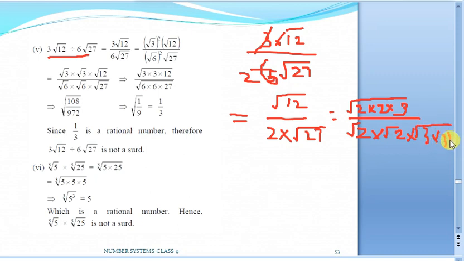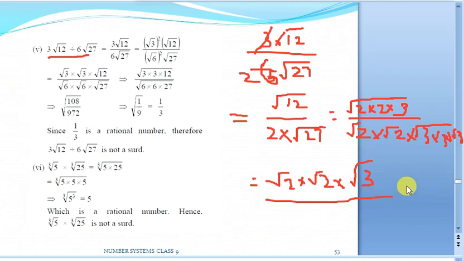Now see, if you do it this way, everything is coming under root. Now try to separate the things. Whenever it is multiplication, we can write them separately also under multiplication only. So I can write it as root 2 into root 2 into root 3. Here, if you observe, we are just using the exponential laws, nothing else.